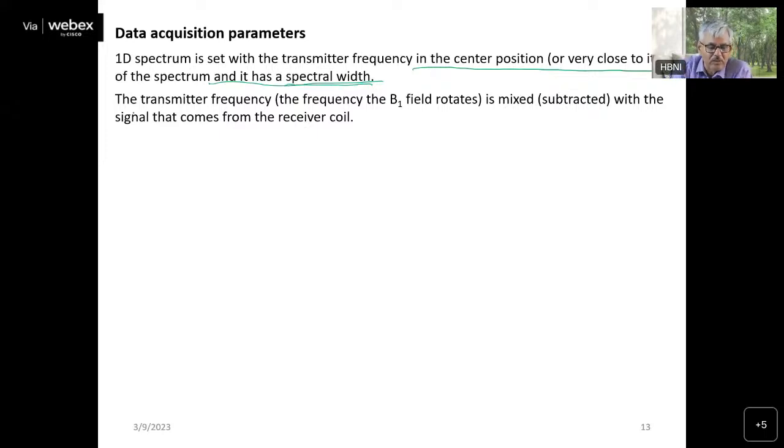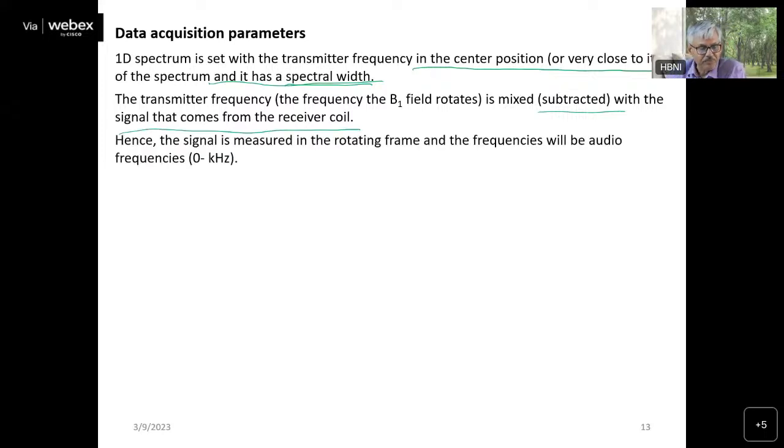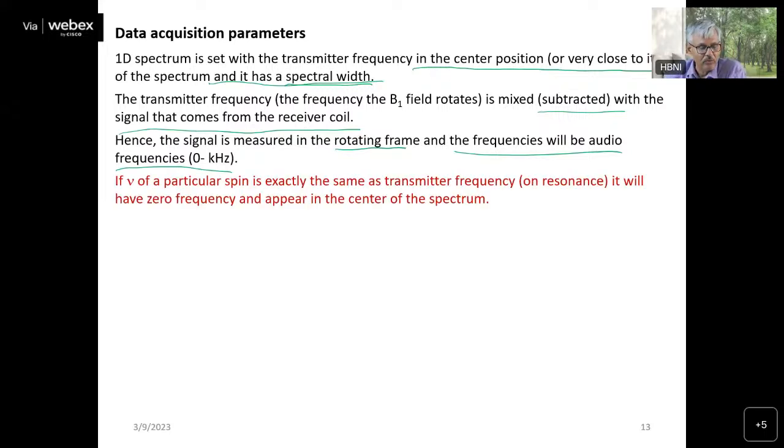Now the transmitter frequency is mixed, or actually subtracted, with the signal that comes from the receiver, which I have already told you. So the signal is measured in the rotating frame and the frequencies will be in the audio range, 0 for the central frequency, and then from hertz to kilohertz.